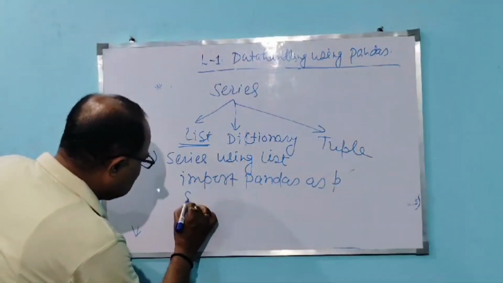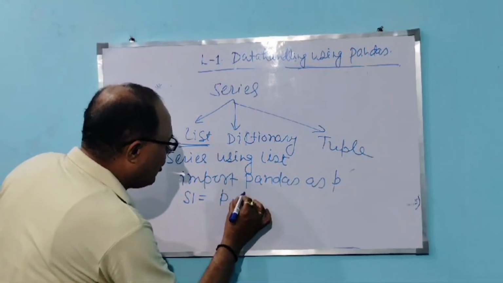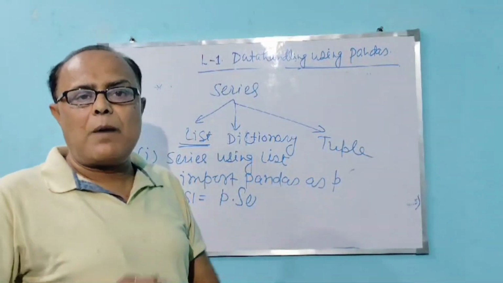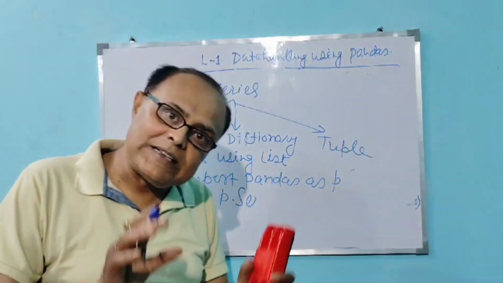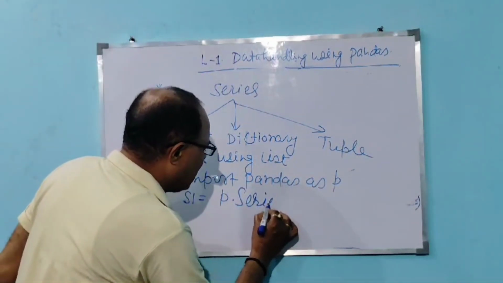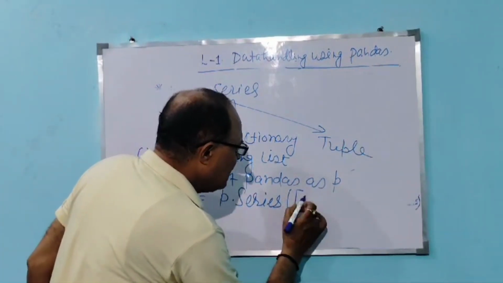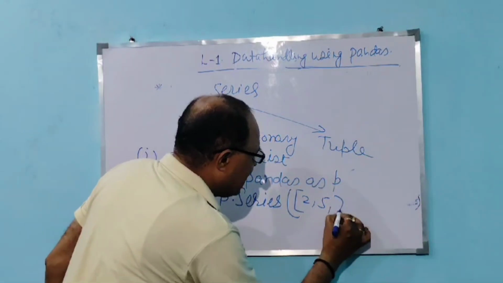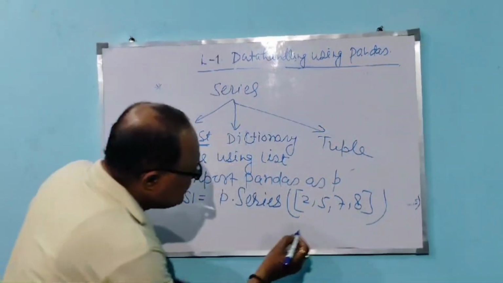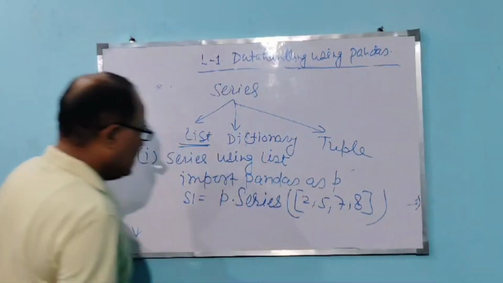So I am going to create a series. s1 = P.Series. Always remember, S must be in uppercase, meaning capital. Suppose I write 2, 5, 7, 8. You know that a list must be written in square brackets.